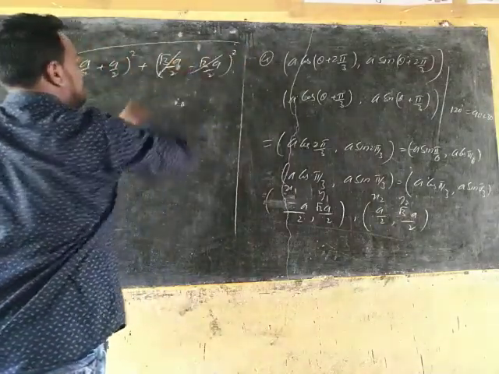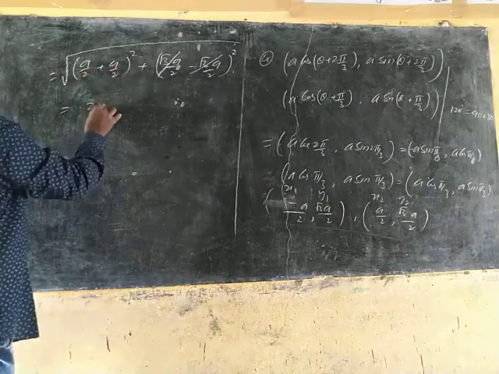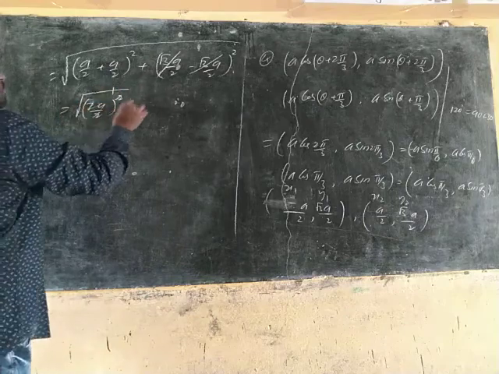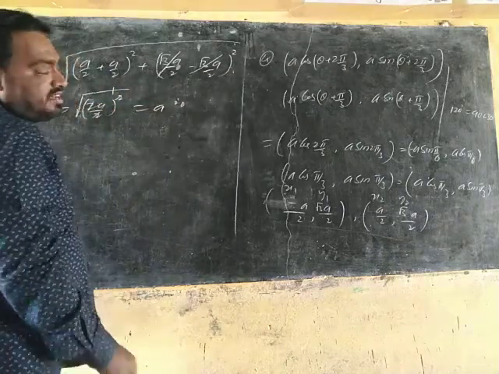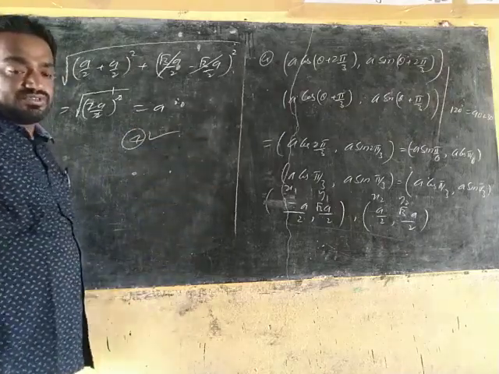Root 3a by 2 and root 3a by 2 cancel, giving 0. a by 2 plus a by 2 is 2a by 2, whole square under root. Square root gets cancelled, 2 gets cancelled. a is the right answer. Option 4 is the right answer for this question.